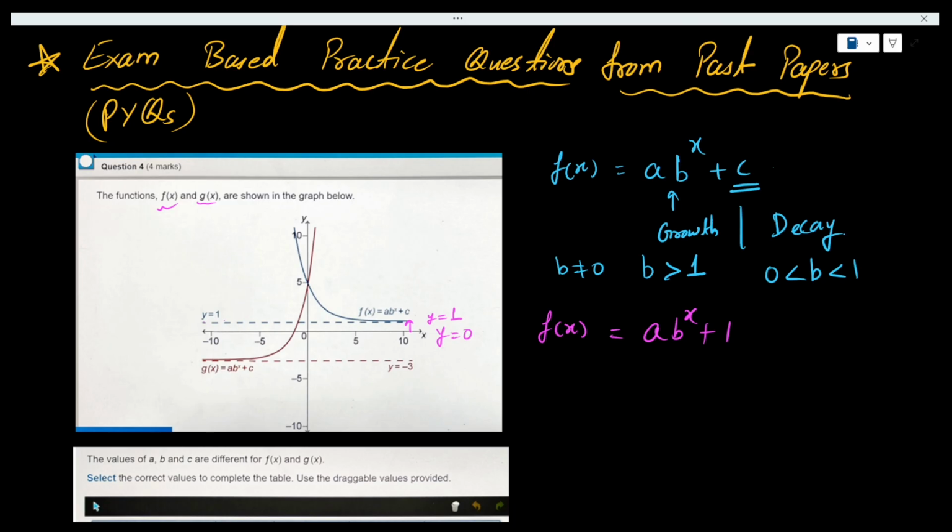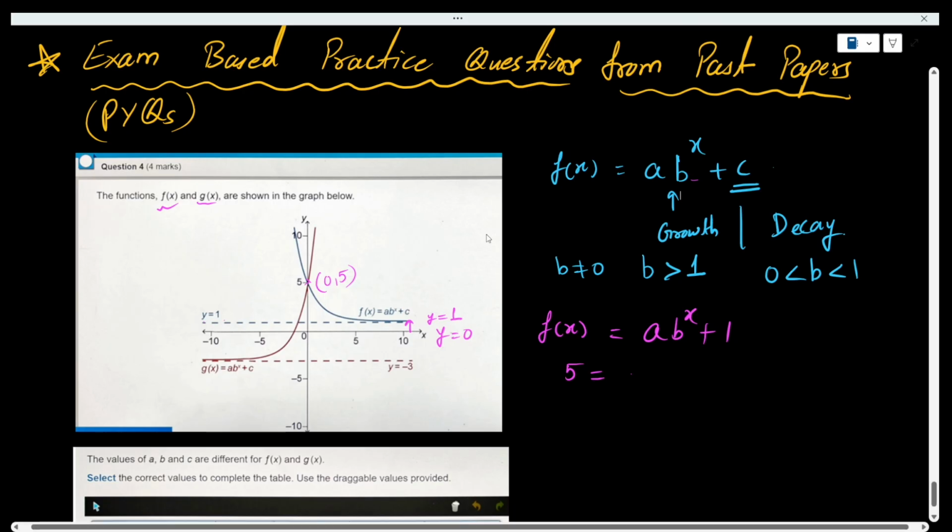Now this f(x) graph is intersecting the y axis at 5. So what is your y intercept? 5, so (0, 5). That means when x is 0, y is 5 and f(x) is nothing but y. So I can write down 5 is equal to, because we need to get the a, b, c values here.